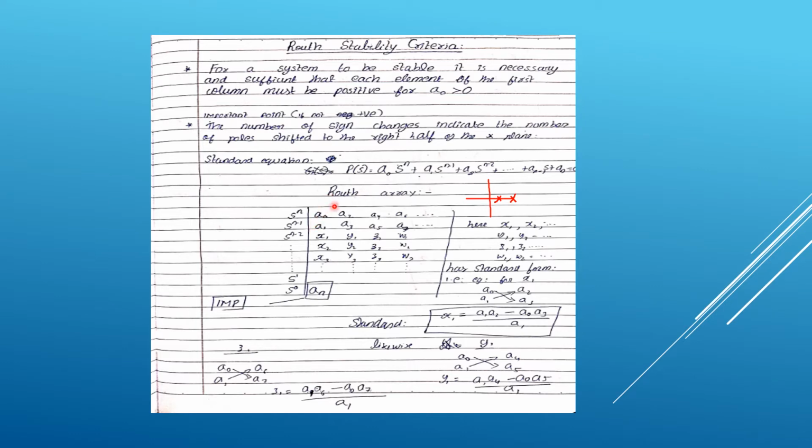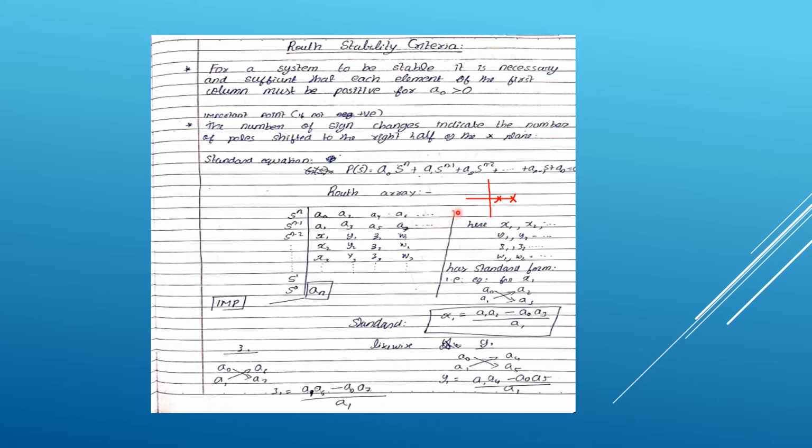How to write? You first write a0, then a1 just down in the next row, then a2 in the previous row, a3, a4, a5, a6, a7, a8, a9, a10, a11, a12, a13.